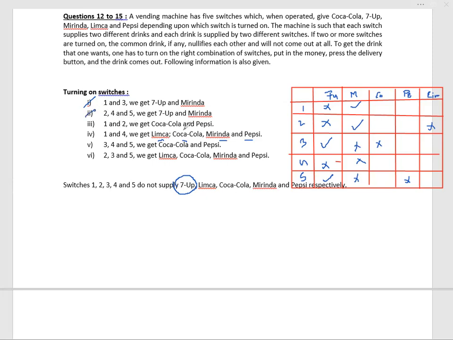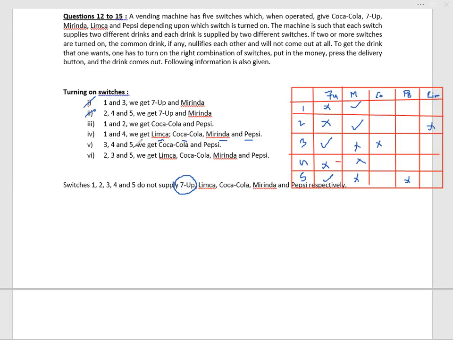1 and 2 Coke and Pepsi. 1 and 4 Limca, Coke, Mirinda, Pepsi. 3, 4, 5 Coke and Pepsi. One among 1 and 2, 1 giving us Coke.